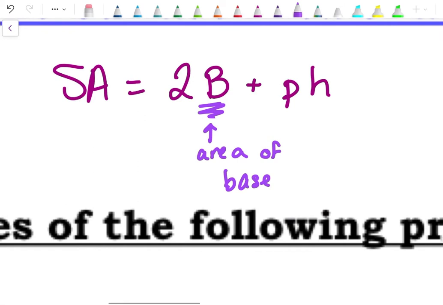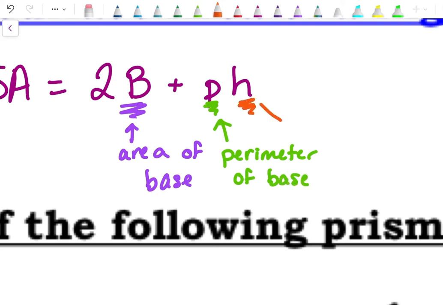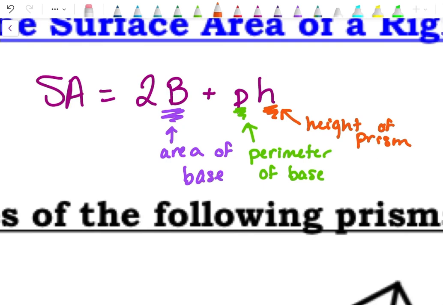The capital B, area of the base. P is going to stand for perimeter. Now, perimeter of what? It's going to be the perimeter of the base. And then H is going to be the height of the prism. Cool. And that's going to be our formula for surface area of any types of these prisms.